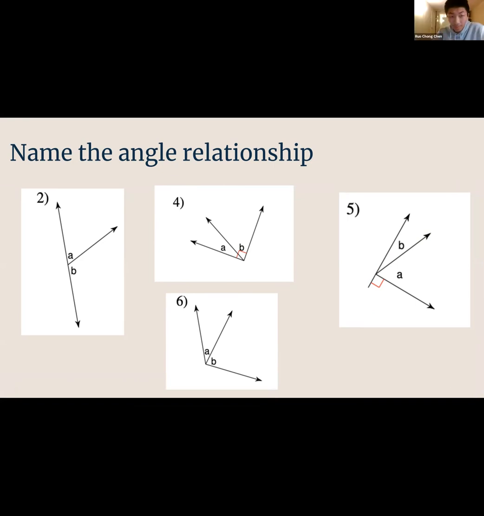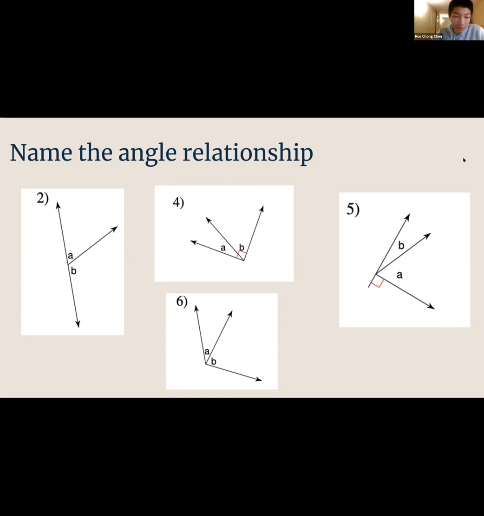Okay, for number 2, we can see there are arrowheads on the line on the left side of your screen, and from that arrowhead we can tell that this is actually a line. This is not two segments divided by a third segment. This is a line. So a line's angle is 180 degrees.